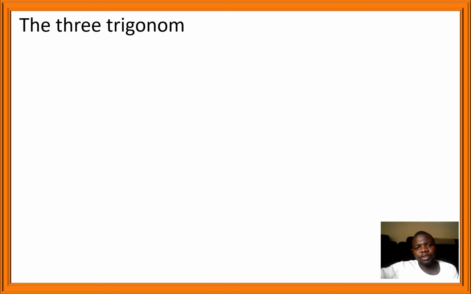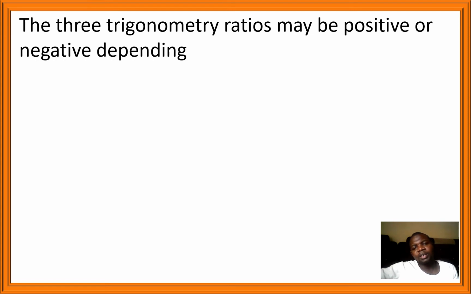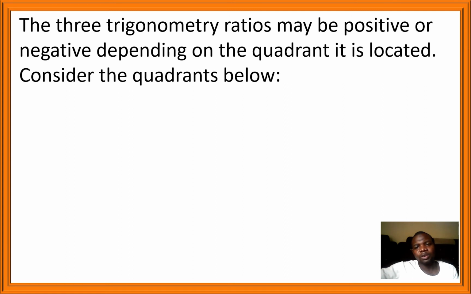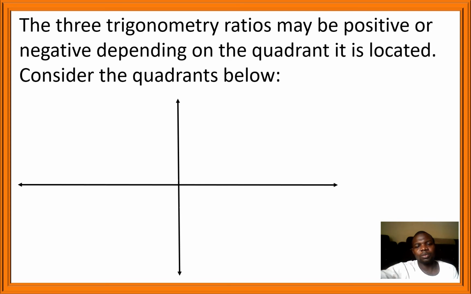The three trigonometry ratios can either be positive or negative depending on the quadrant in which it is found. Let's consider the quadrants here, which in certain cases we call the Cartesian plane.